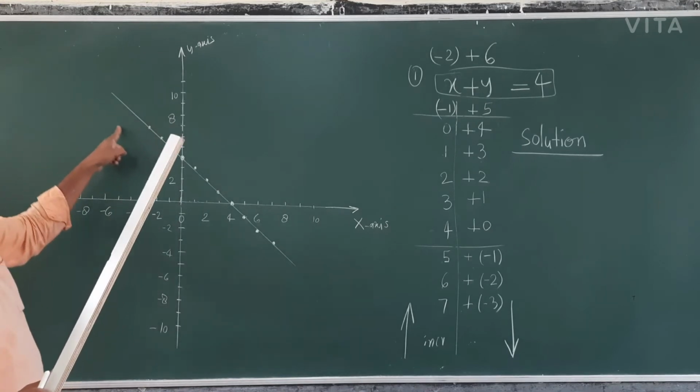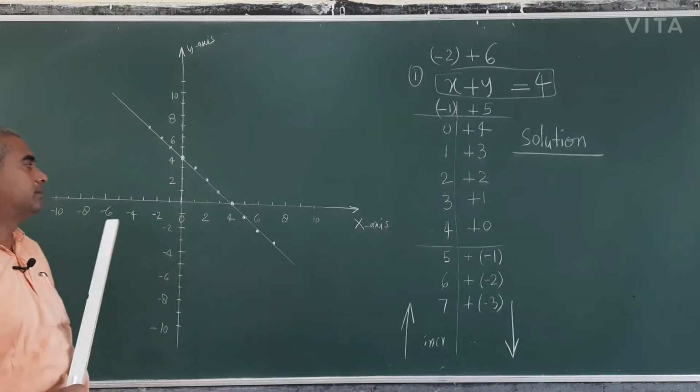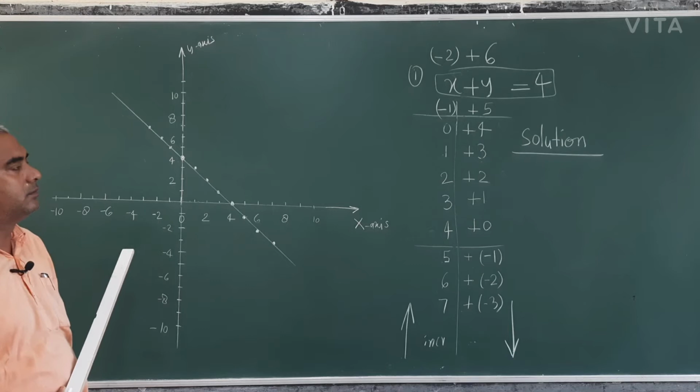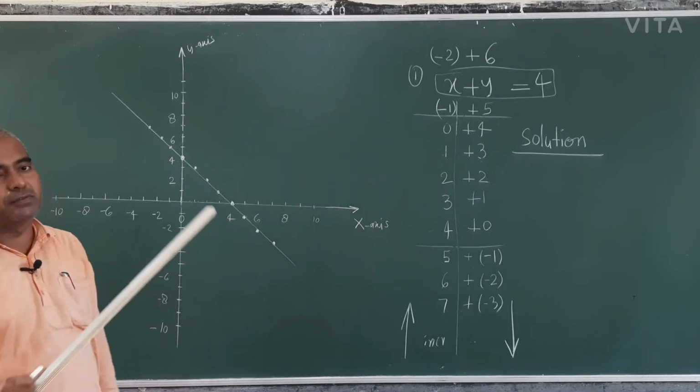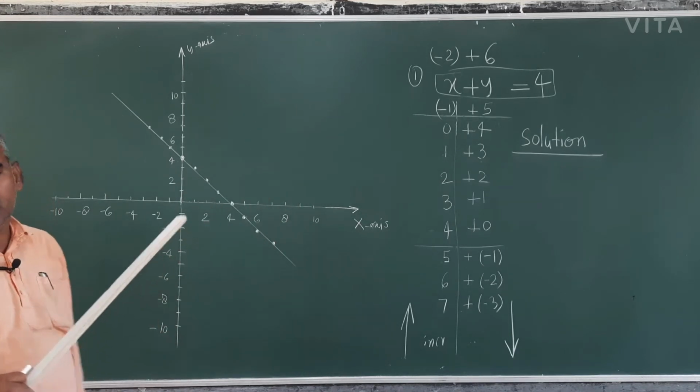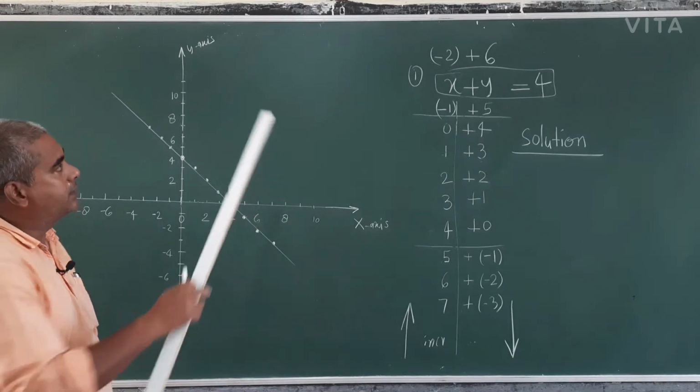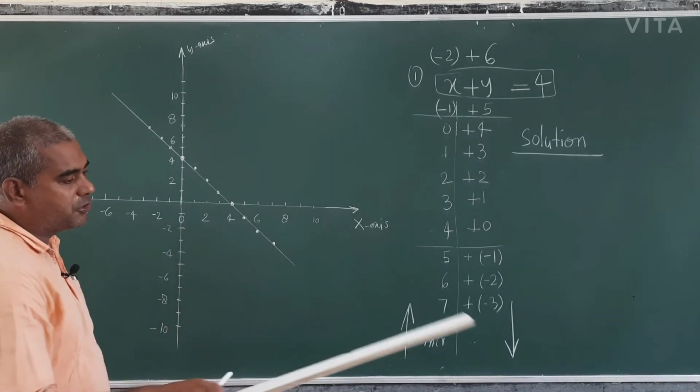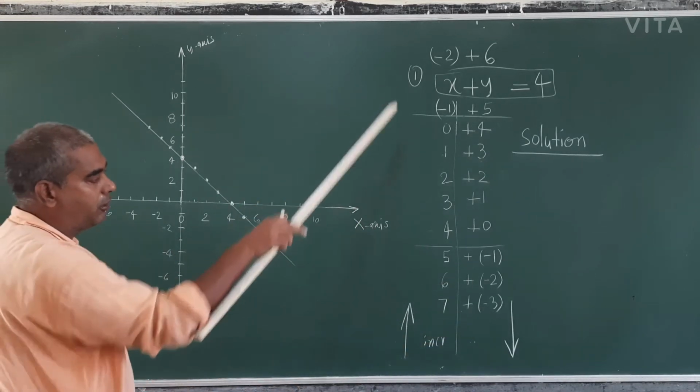All the points lie on this line. So that was x plus y plus 4 is equal to 0. In exercise 4.3, question number 1, it was only asked to draw this line.